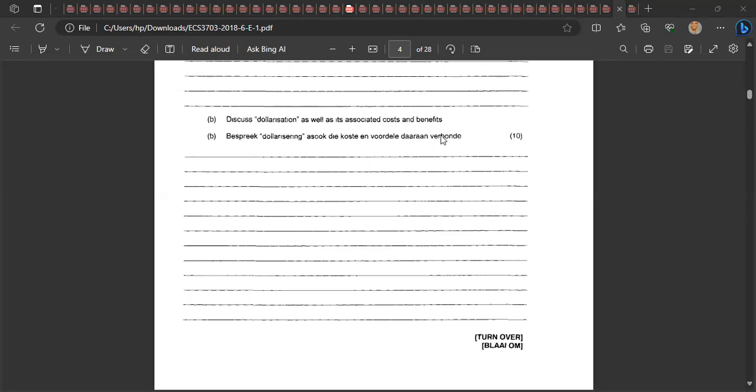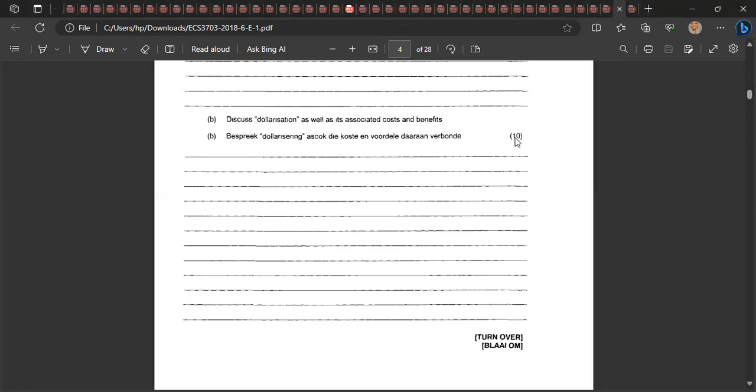Which means we can't come up with policies of our own. We can't have an expansionary monetary policy, neither can we have a contractionary monetary policy to try and fix our own home issues. That would be very difficult to do.